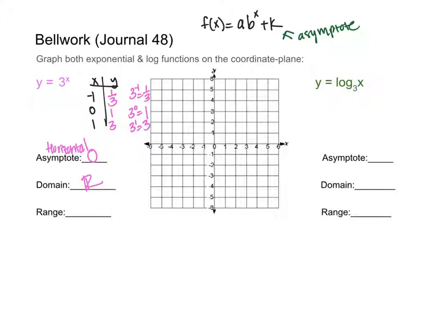If I plot my points, it would be -1, 1/3, which is right about there. 0, 1 is right about here, and 1, 3 is right there. So I'm going to connect the dots, and I'm going to do my very best not to touch that line. Okay, got it. When I look at this, notice that the range is from 0 to infinity, right?